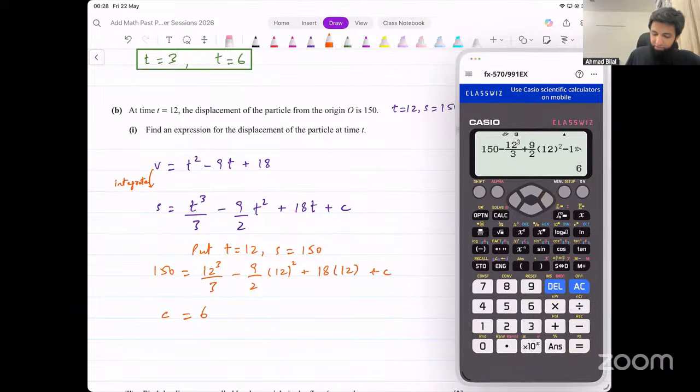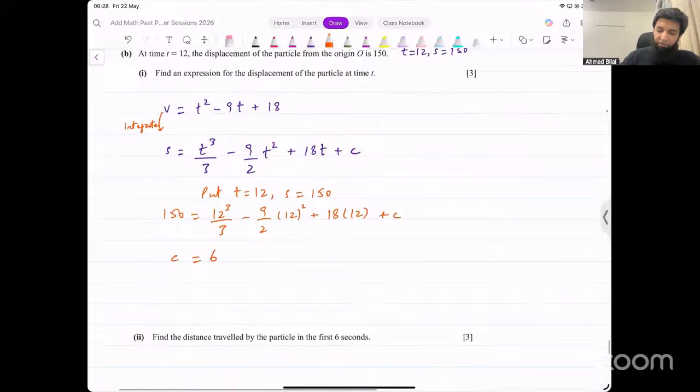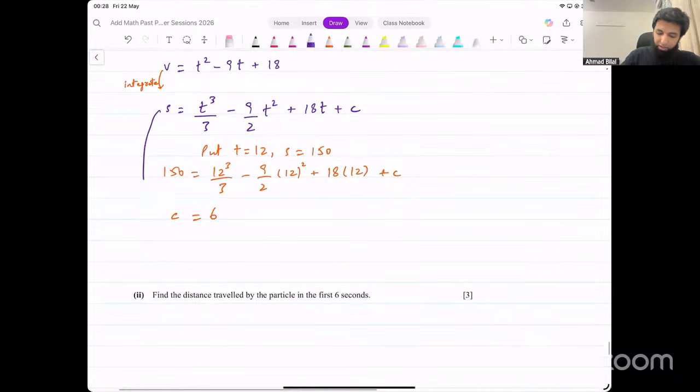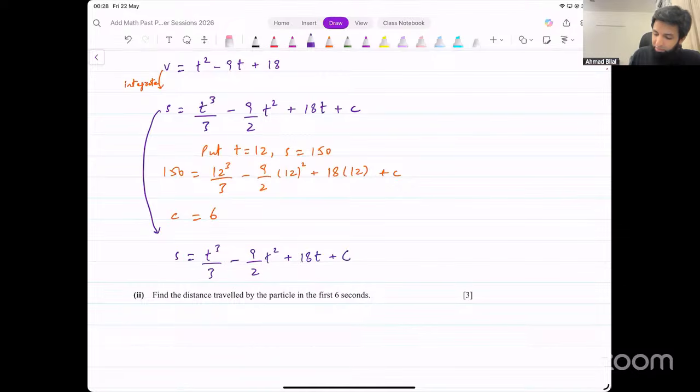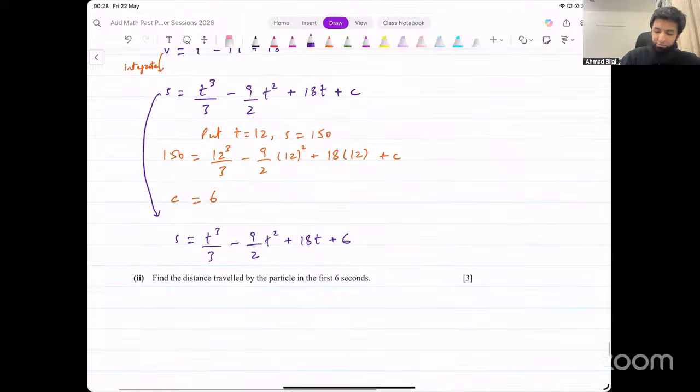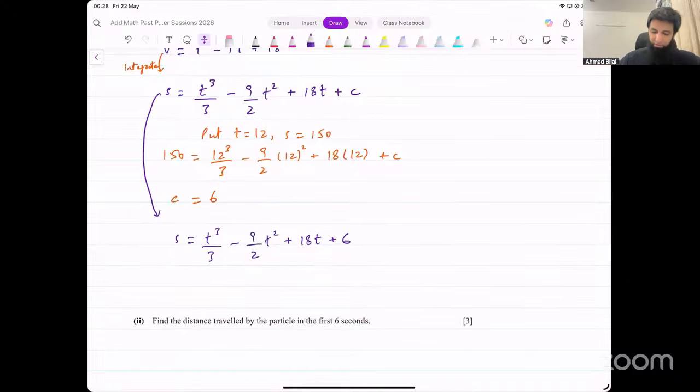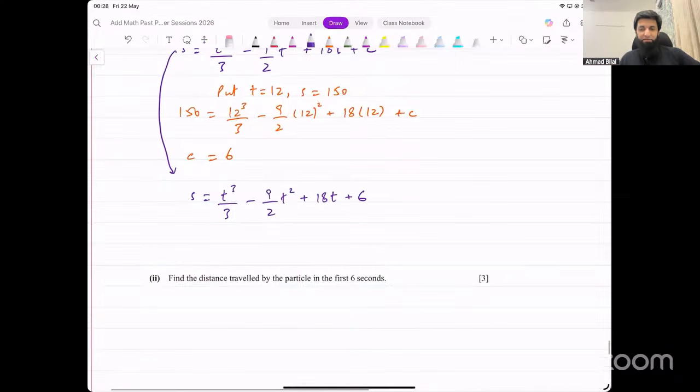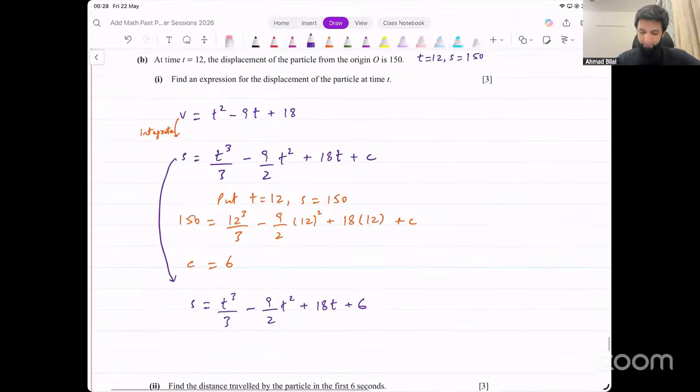C turns out to be 6 from this. Okay, that's the value of c. Now you input that in the displacement function. So the displacement function that you have is t cube over 3 minus 9 over 2 t squared plus 18t plus 6, and that's your final answer. Okay, that's what we were looking for. This has been a fairly straightforward paper until this point, right?